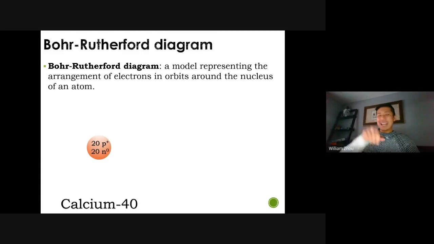If I'm drawing calcium-40, the mass is 40. I have 20 protons, so the other 20 must be neutrons. Protons plus neutrons gives you the mass. So you put 20p and 20n inside the nucleus, telling me what's in there.